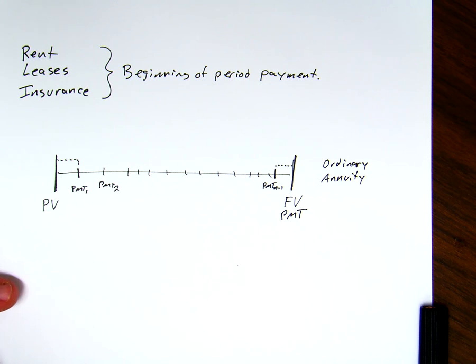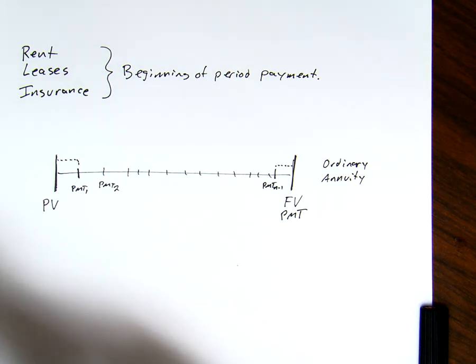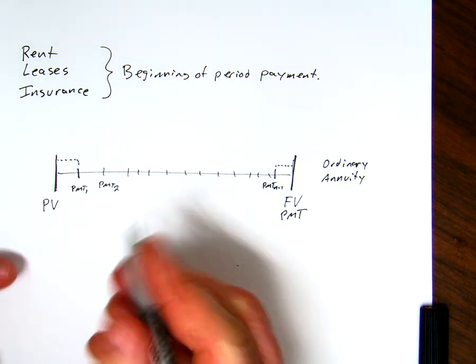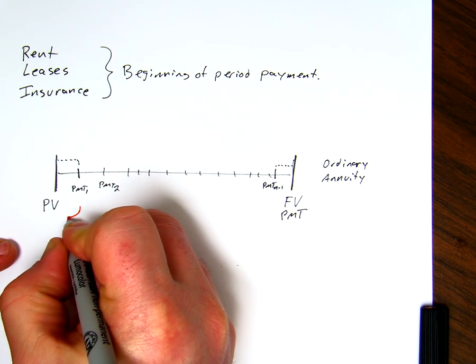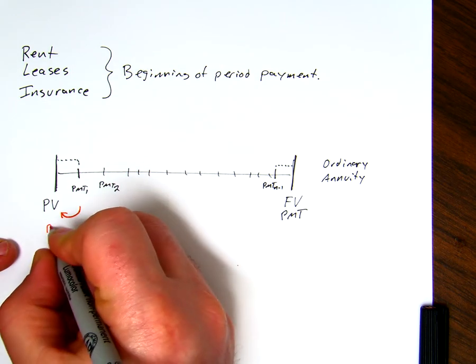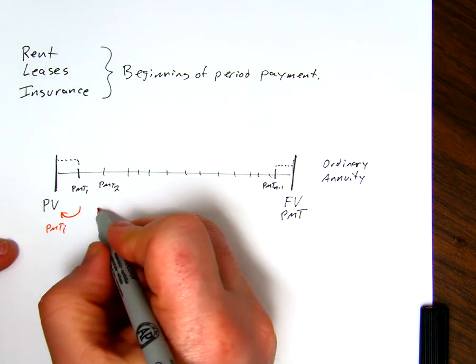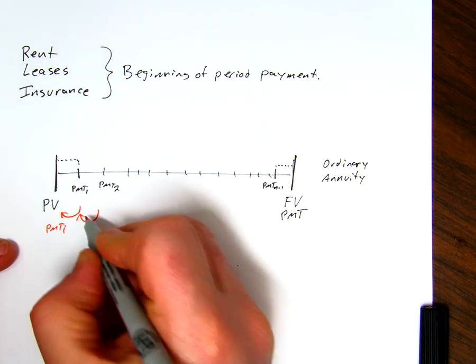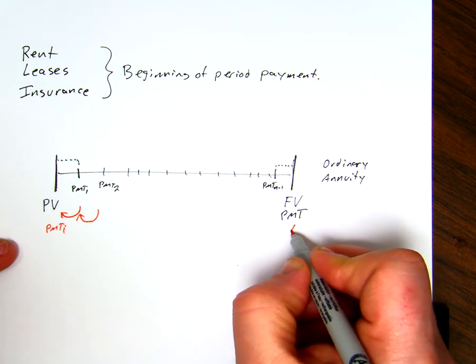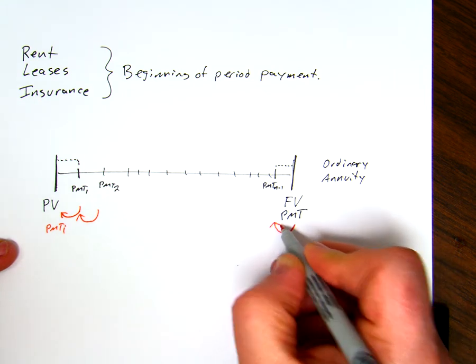Well, what we do for an annuity due is we shift everything one over. So actually payment 1 would be there. Payment 2 would be there. And the last payment would actually be there.